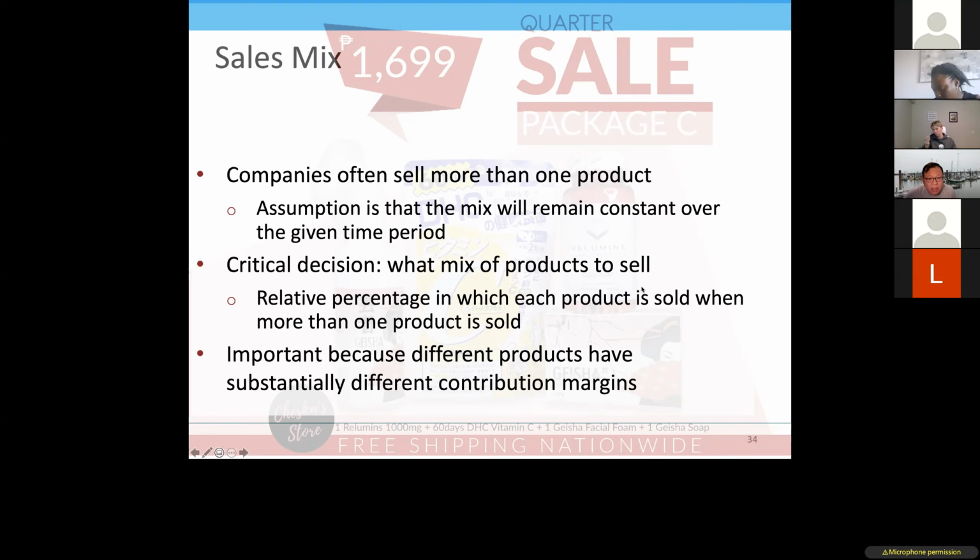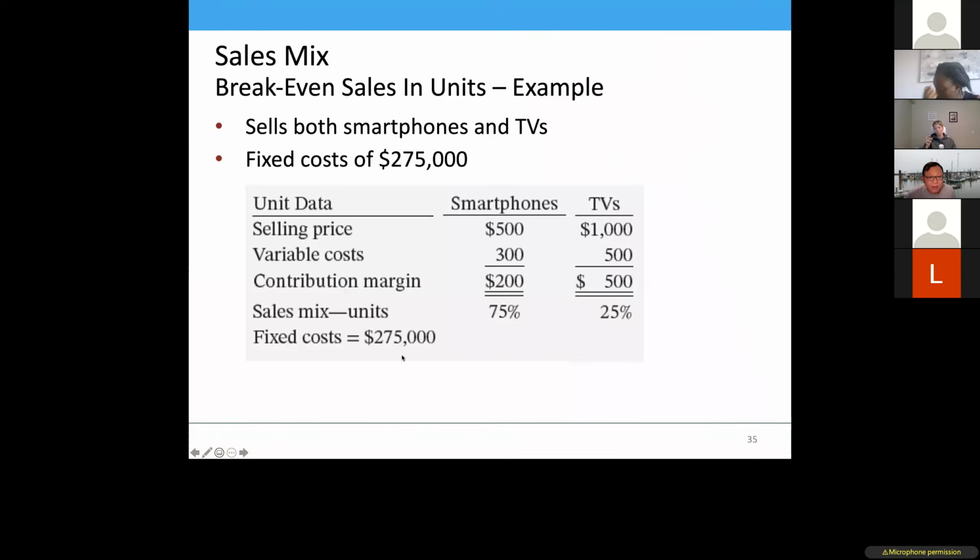Okay, so let's take a look at this example. Here you have two types of products, smartphone and TV. For each product, you know the selling price, variable cost, and contribution margin. And you know the total fixed cost, 275,000.